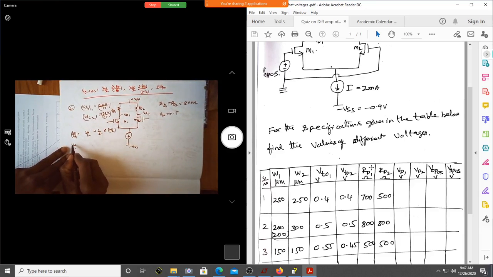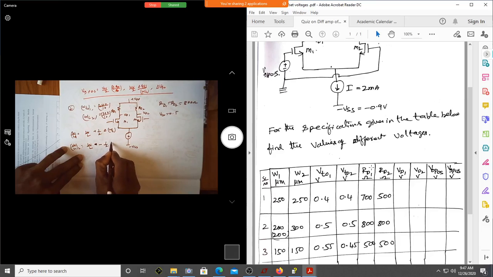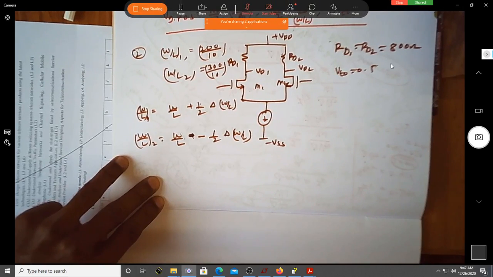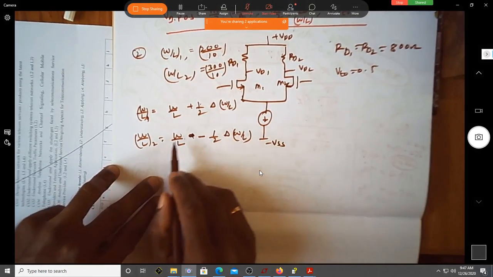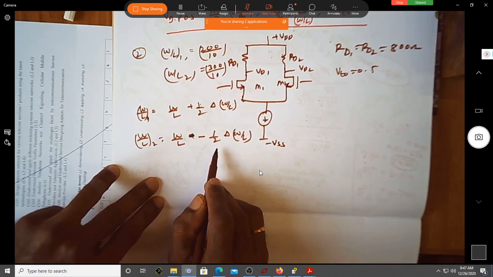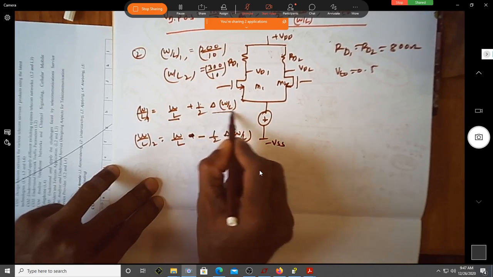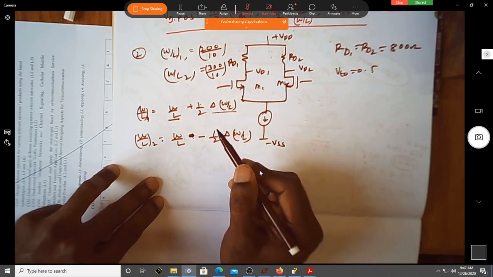W by L of 2 was assumed to be W by L minus half of delta W by L. Is that fine? I hope this is visible also. Okay, let me just show this only, because anyhow, is this fine? Now the question is, what is this W by L and what is this delta W by L? Correct?